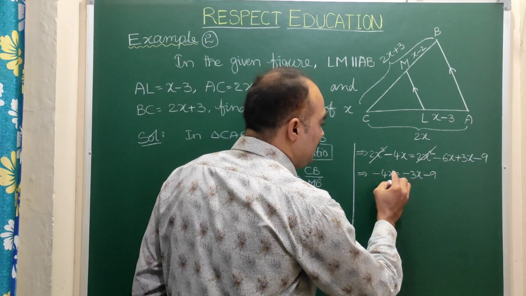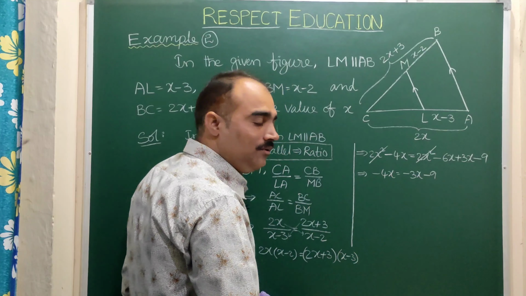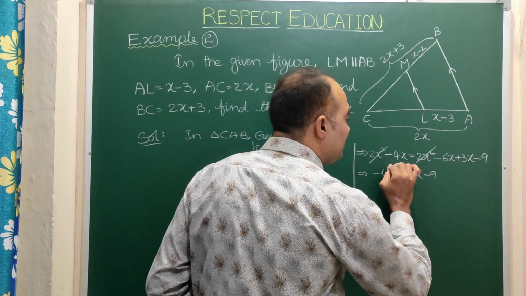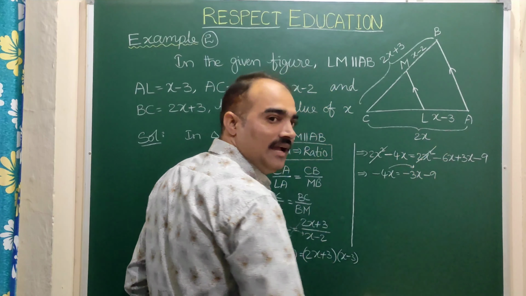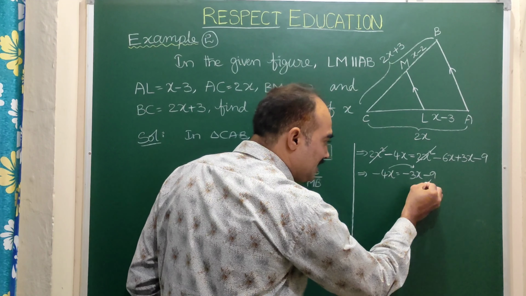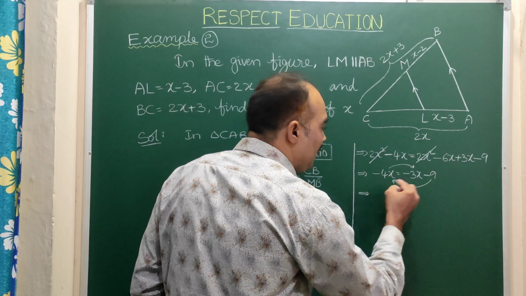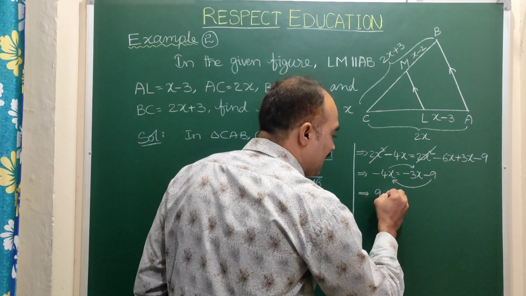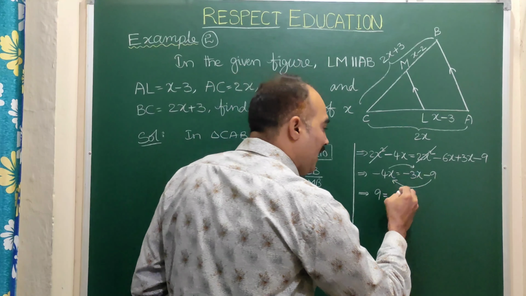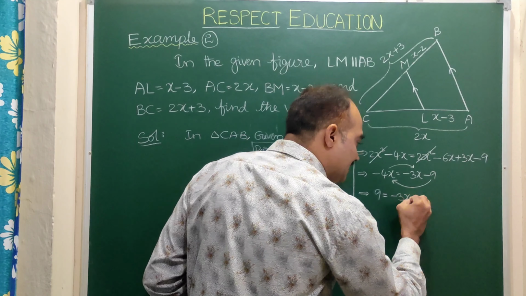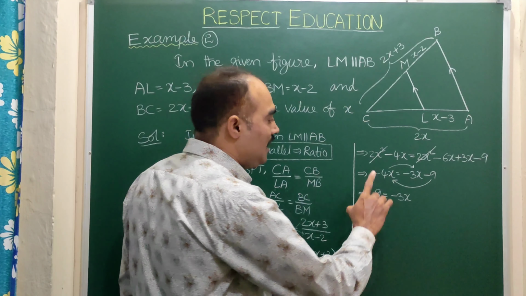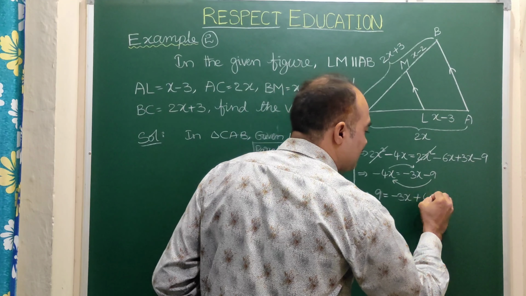Here you see 4x has a negative symbol, let us shift 4x to that side. At the same time minus 9, let us move to this side. So here minus 9 becomes plus 9, equal to minus 3x as it is because we are not moving that, minus 4x becomes plus 4x.